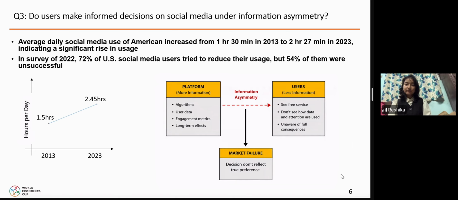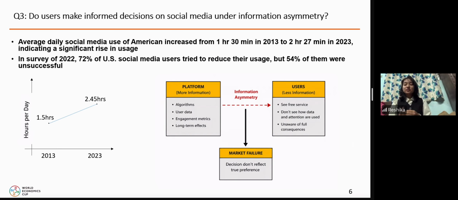Do you make informed decisions on social media? Minutes per day in 9 years, users are so addicted that of the 72% who try to reduce social media spend time, 54% were unsuccessful.